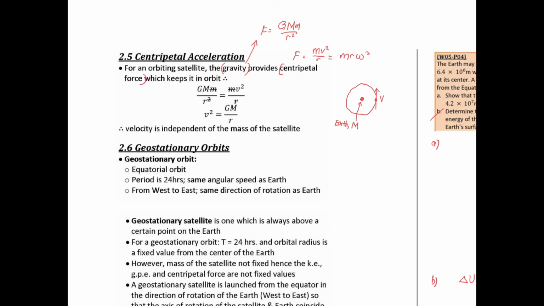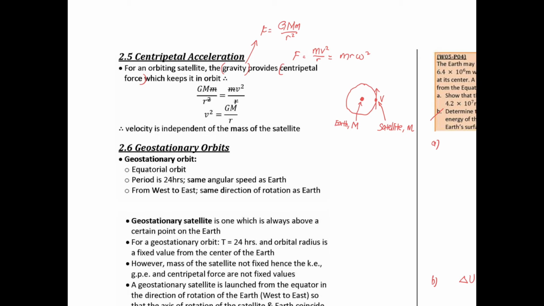The satellite with mass small letter m is not affecting the velocity of the satellite. That's why they say independent.